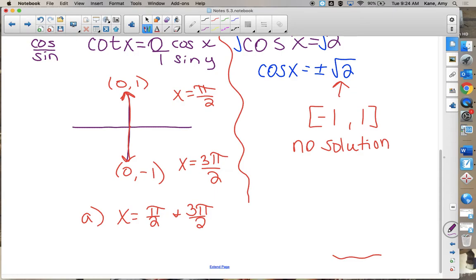We need to write that in general form as well. So the next part, we have to write those angles in general form.